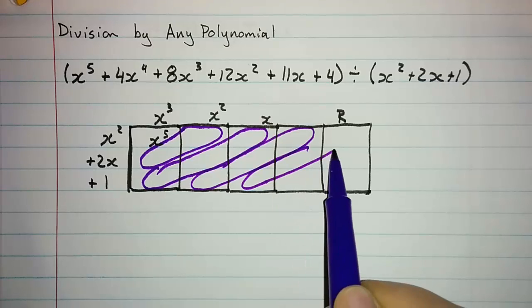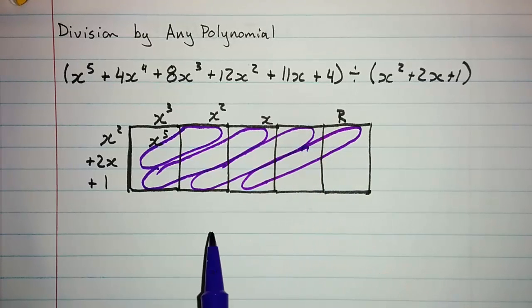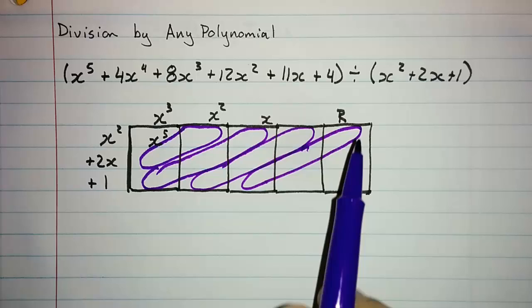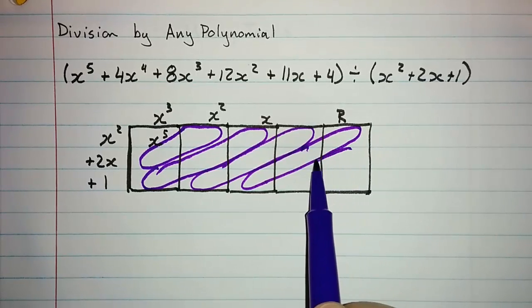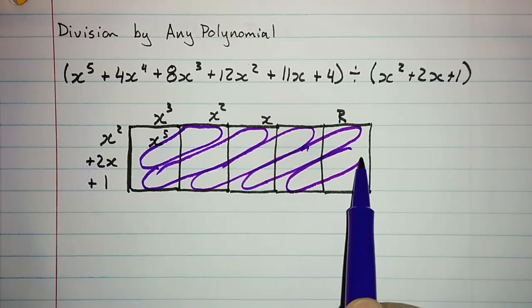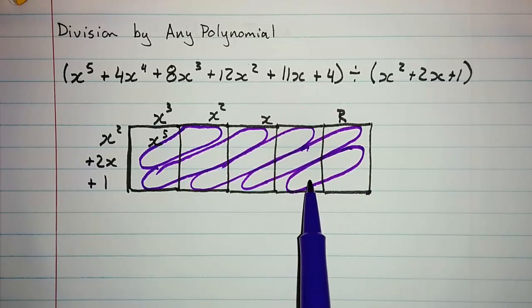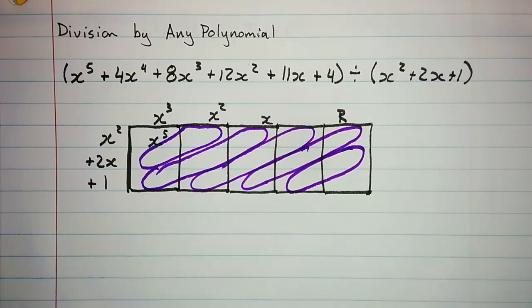Then, in the remainder, we might have an x term, because that will be lower degree than x squared. And then a constant term in the remainder, 2 boxes that contain constants.